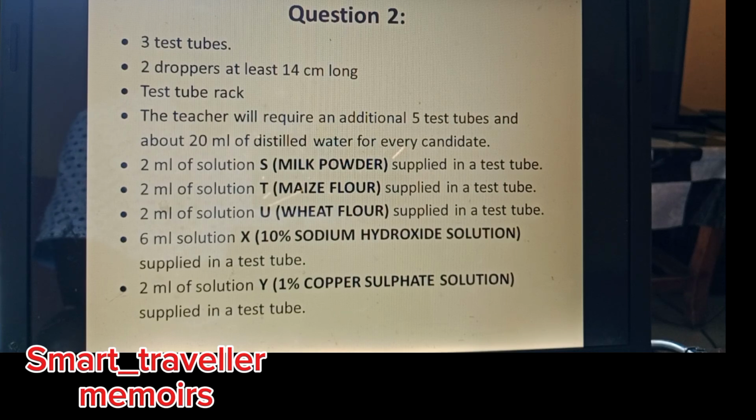The teacher will require an addition of 5 test tubes and about 20 ml of distilled water for every candidate. 2 ml of solution S, milk powder supplied in a test tube. 2 ml of solution T, maize flour supplied in a test tube. 2 ml of solution U, wheat flour supplied in a test tube. 6 ml of solution X, which is 10% sodium hydroxide solution, supplied in a test tube. 2 ml of solution Y, 1% copper sulfate solution, supplied in a test tube.